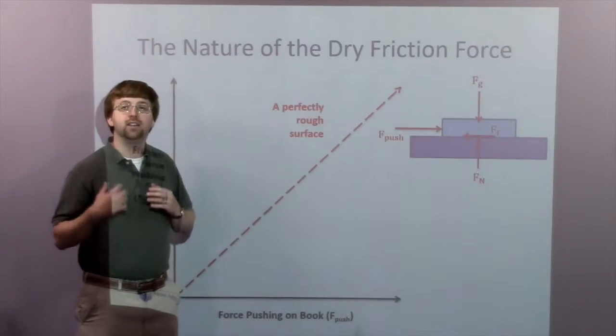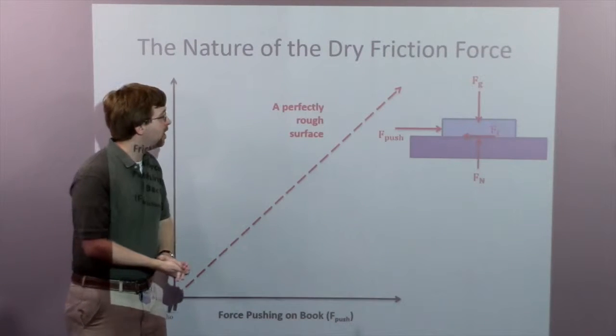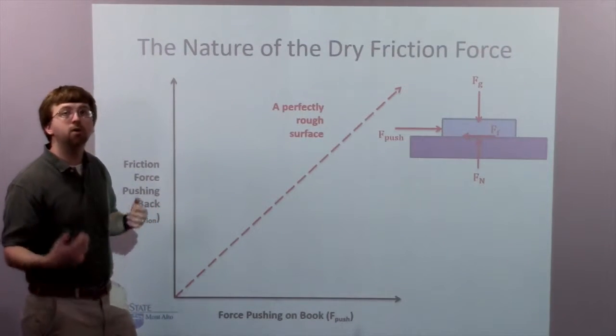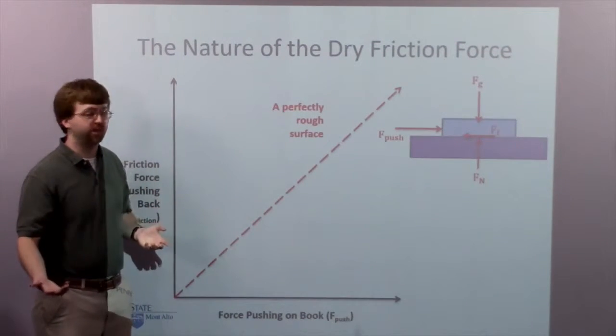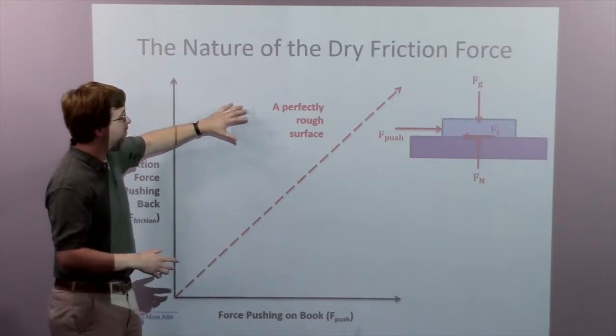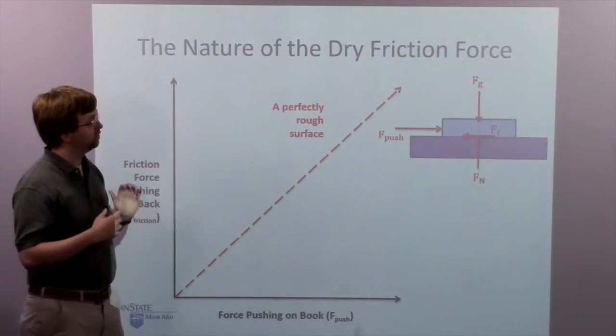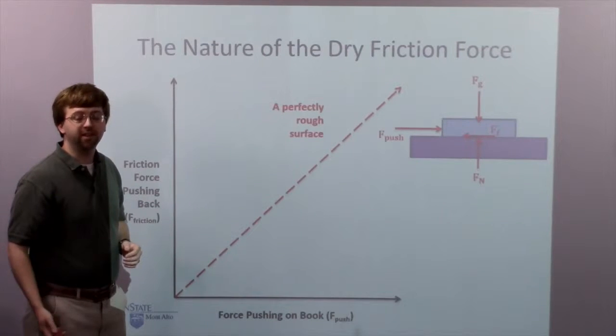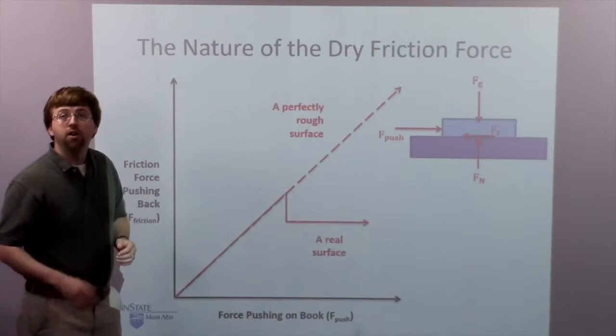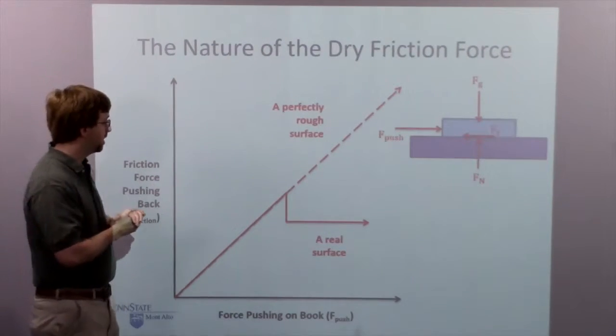That means that I've got net force equals 0, and when net force is 0, there's no acceleration, there's no motion. So this is a perfectly rough surface, and we're never going to be able to push hard enough to make this slide. In real life, however, we get something different.